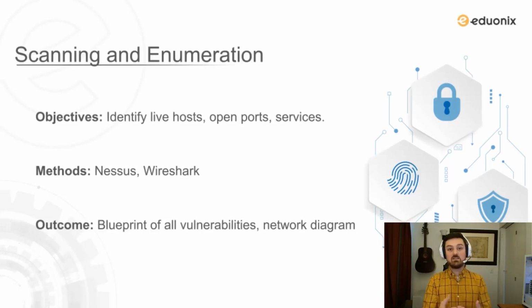The next phase is scanning and enumeration. We're trying to deepen our reconnaissance using targeted scans like Nessus, which we talked about last time, and really pinpoint security weaknesses and misconfigurations. So we're trying to understand our vulnerability landscape to be able to exploit it. Here we could also use a tool, Wireshark, which everybody should use in security testing for packet analysis, being able to capture live data passing through networks.